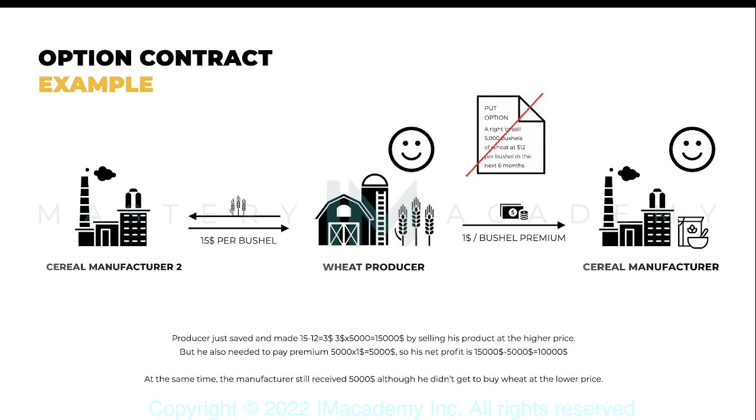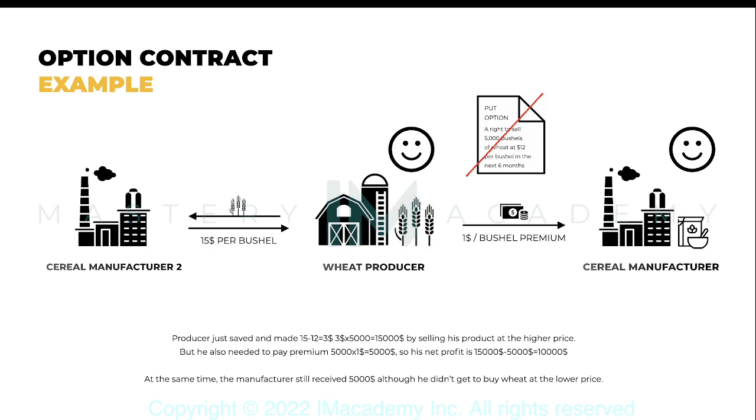Let's say the wheat producer and cereal manufacturer signed a put option, and the producer has to pay a $1 premium per bushel. Imagine that the price of the wheat during the next 6 months goes to $15 per bushel, and the producer decides to not exercise the put option and instead sells his 5,000 bushels of wheat to someone else for the market price of $15.